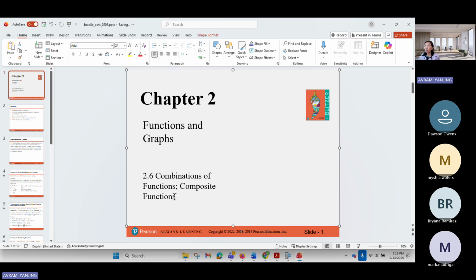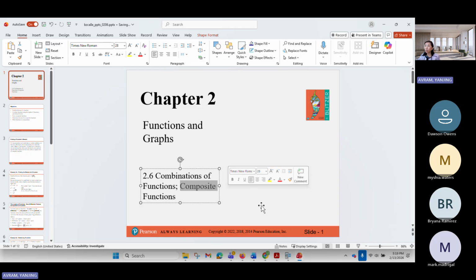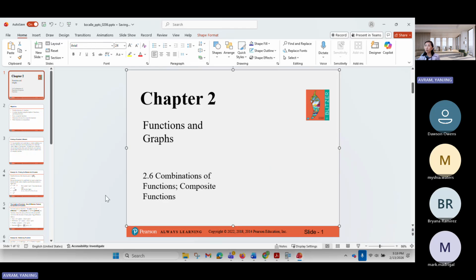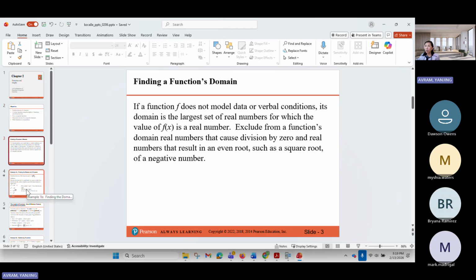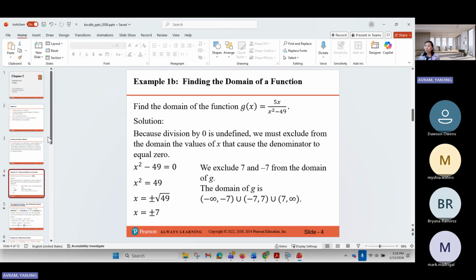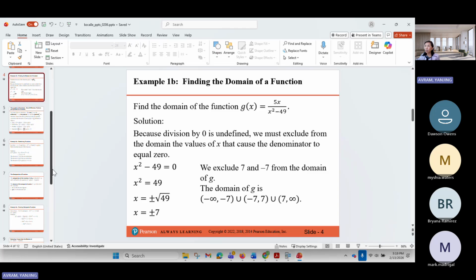Combination and composition of functions. Okay, so this one is probably a little bit new in here. Combination of functions, we can add and subtract, right? Find the domain for the function. Okay, so domain: if this function is a rational function, that means you have a denominator.